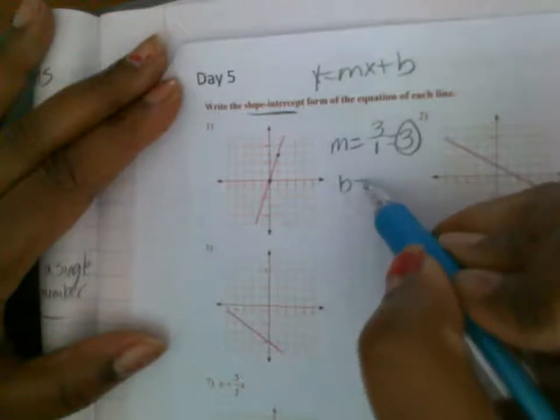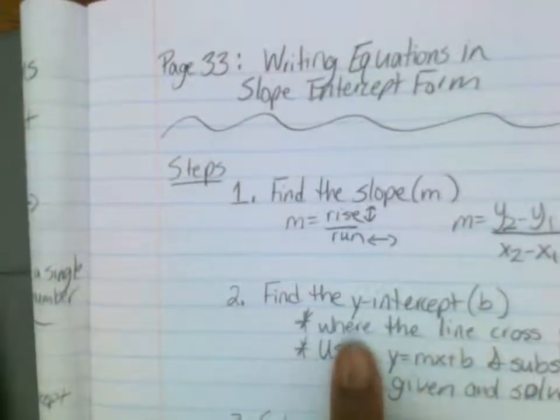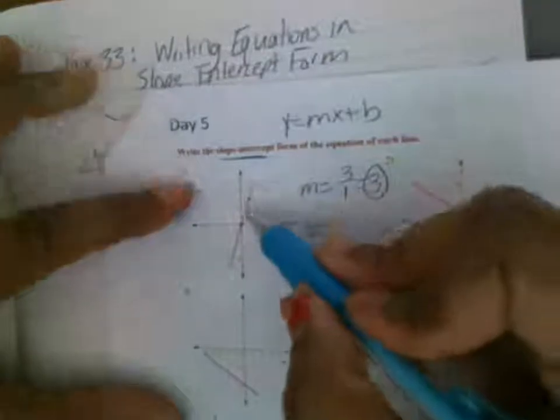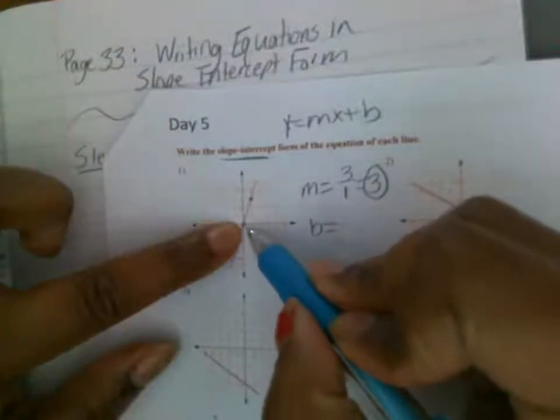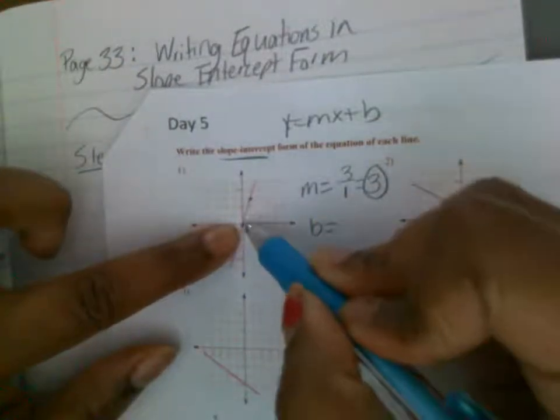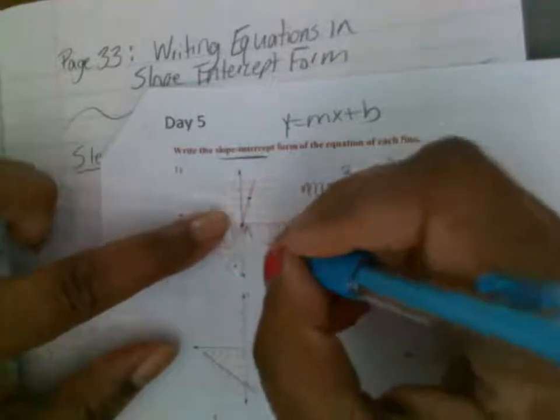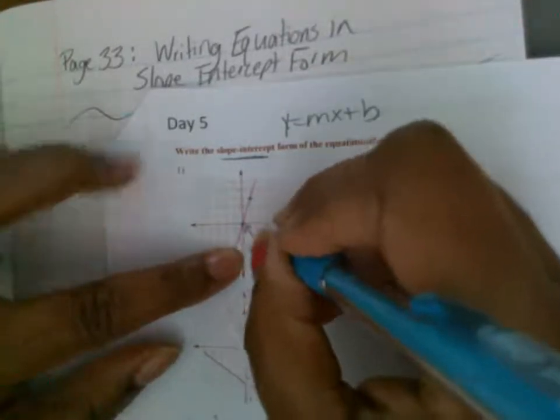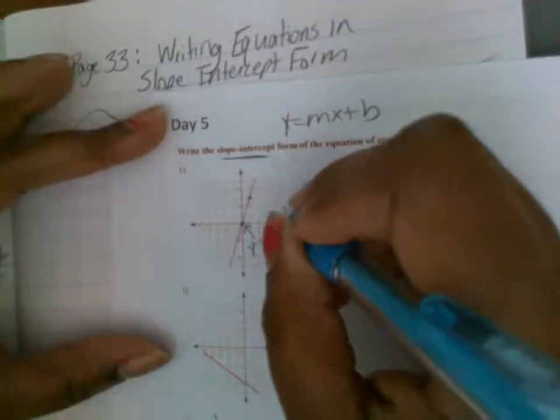Now I got to find B. My B is where the line crosses the y-axis. So where the line crosses the y-axis is right here. It crosses this y-axis at 0. So B is equal to 0 because it crosses the y-axis at 0.